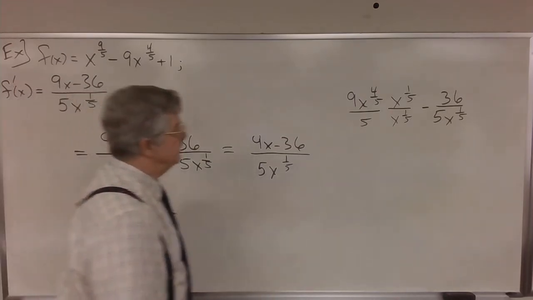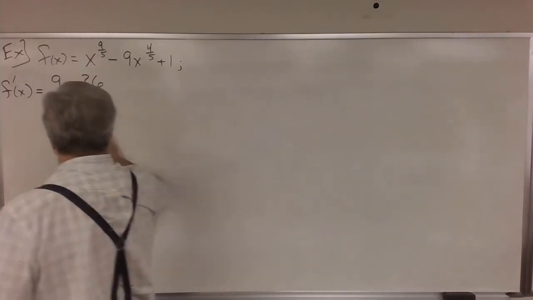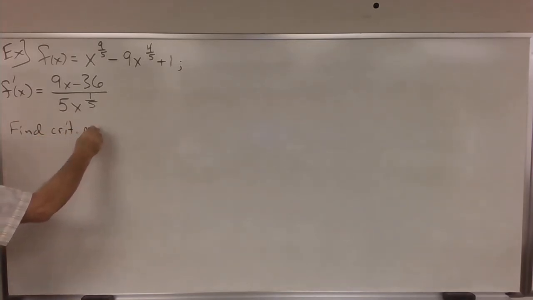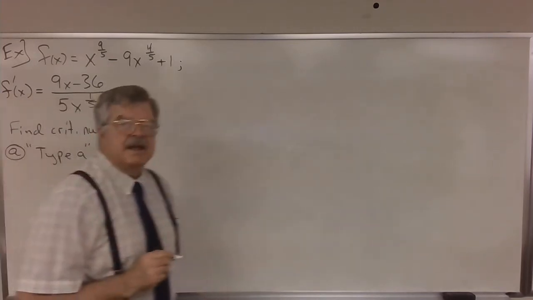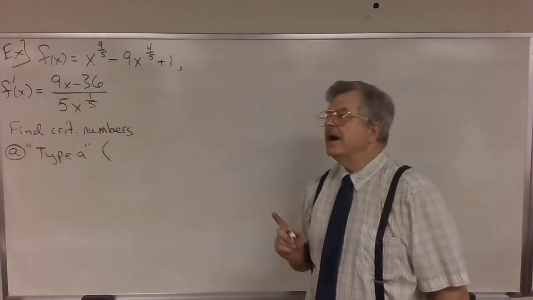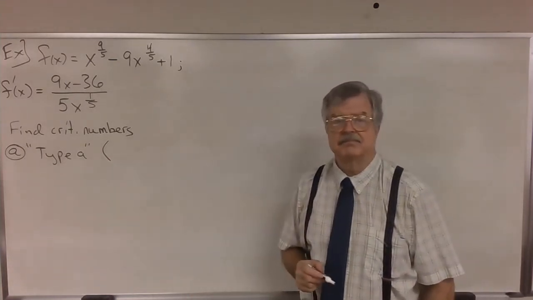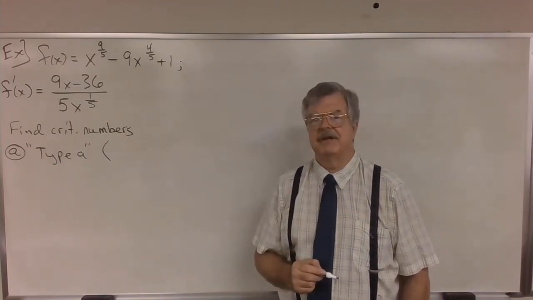And I need to find the critical numbers. Now think about this. What is the identifying characteristic of a type A critical number? Doesn't a type A critical number make the derivative equal to 0?